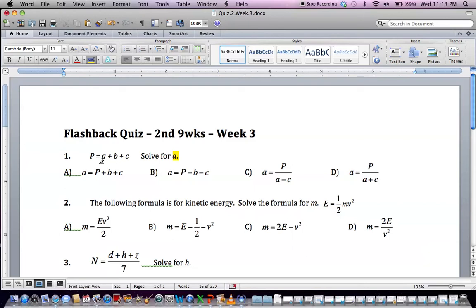You can do inverse operations, but you want to isolate A and get it by itself. Solve this for A, and then we'll look at our answer choices and see which one's correct. You can use process of elimination on some of these and rule out some of the answers.